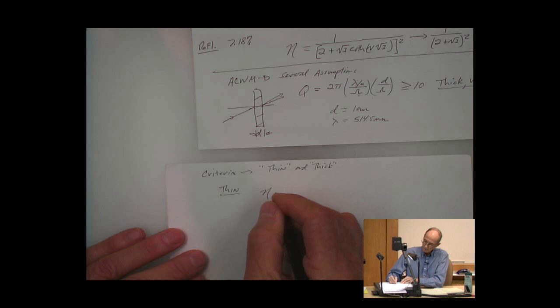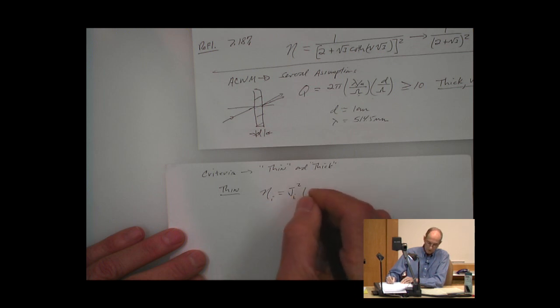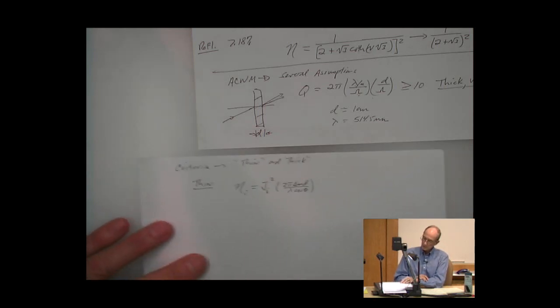the efficiency, eta sub I, is a Bessel function squared, right? That first order Bessel function that we had. And same argument, though: we have 2 pi delta n d over lambda cos theta for the argument of that Bessel function.